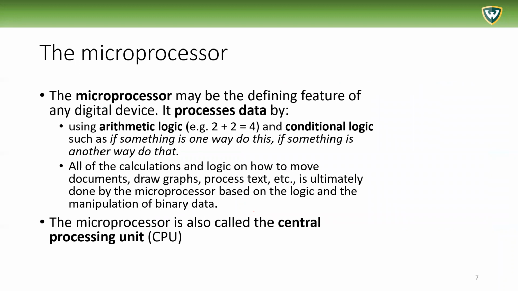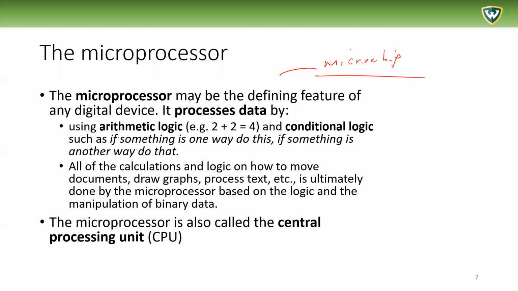The microprocessor. The microprocessor may be the defining feature of any digital device. It is also called the microchip, and it's also called the brain of the computer.